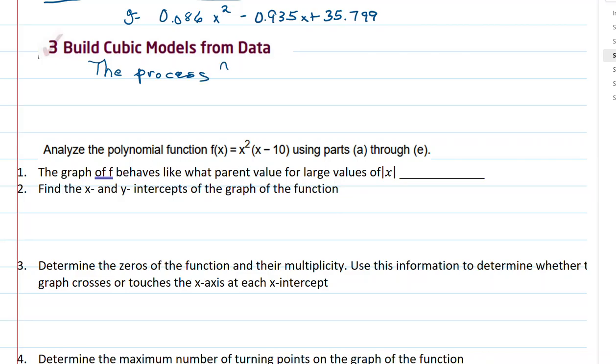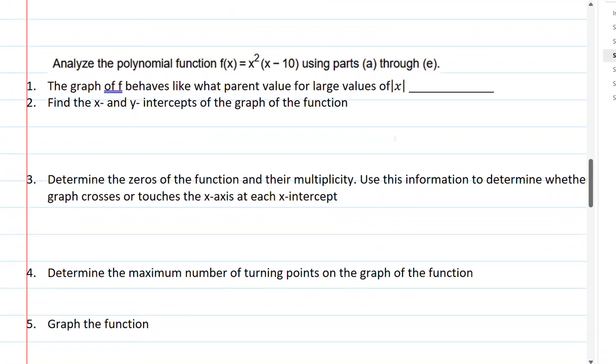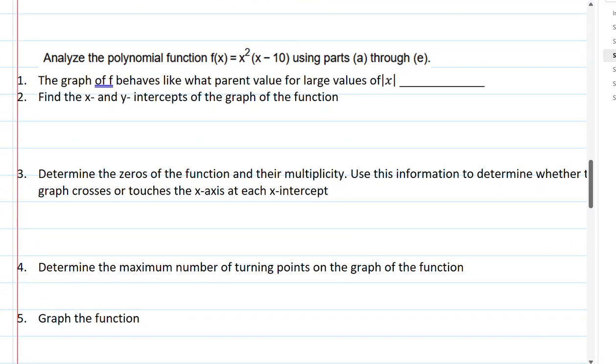So the process for graphing is the same as what we did for the previous. All right, so we want to analyze this guy. And in this guy, it says we have a polynomial function that's cubic, x squared times parenthesis x minus 10.